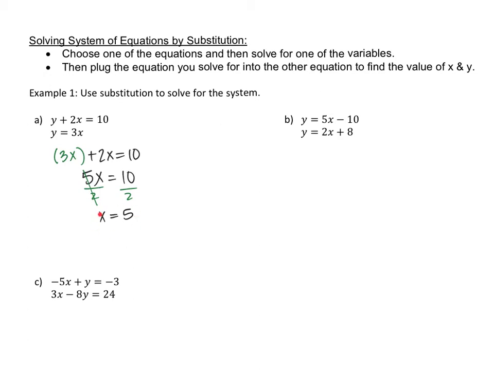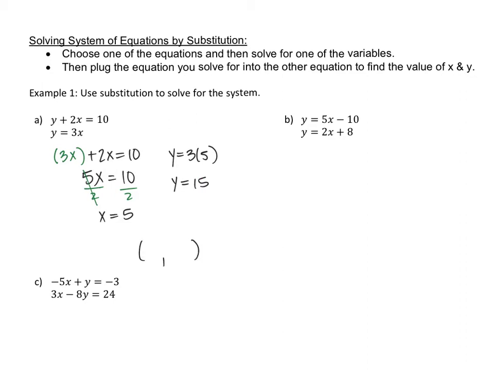Once you get your x value, you can take this x value and plug it into either of these equations and solve for y. For me, the second equation would be easier to choose because the y is already by itself. If I plug in 5, all I have to do is multiply it with the 3, which gives me 15. So now I have my two solutions, and this is actually a coordinate because it's an x and y value.